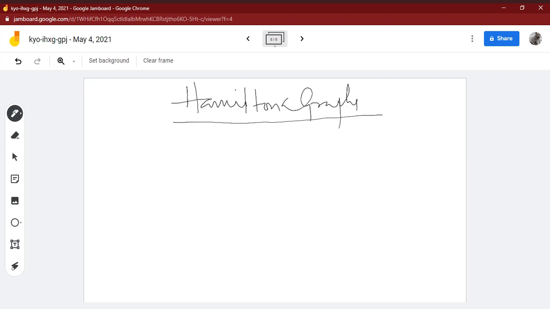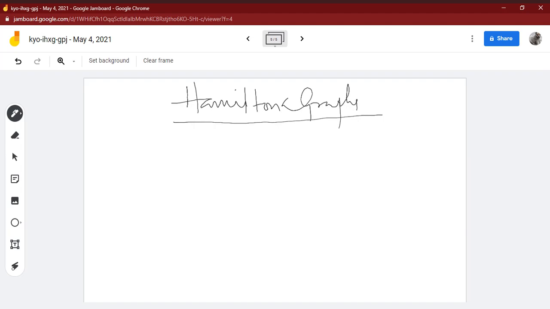So there must be some path which contains each and every vertex, and each vertex must be used exactly once. So no vertex of a path is repeated. This means that a Hamiltonian path in G contains every vertex of G once and only once. So this is the definition.